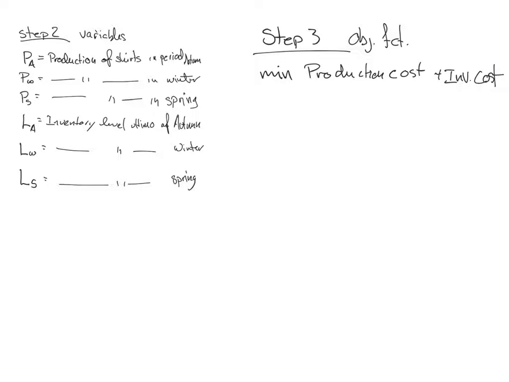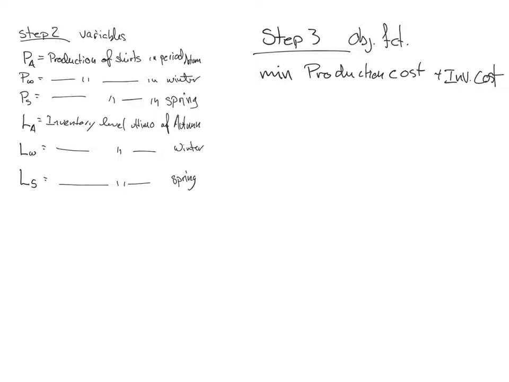Now we need a mathematical one. So we know that we use 1.5 hours each time we produce a shirt, and then we have some per hour costs.